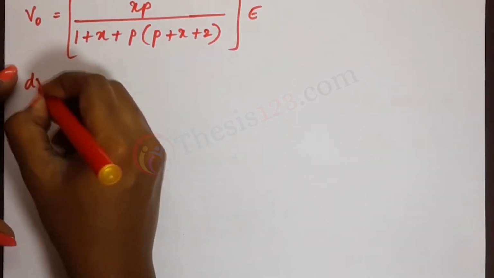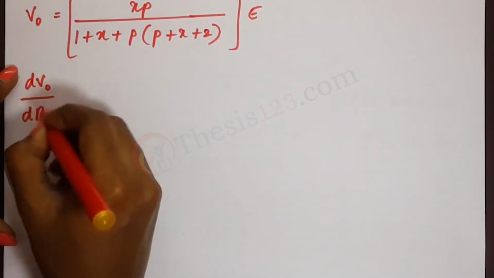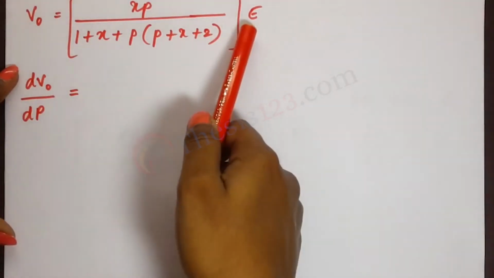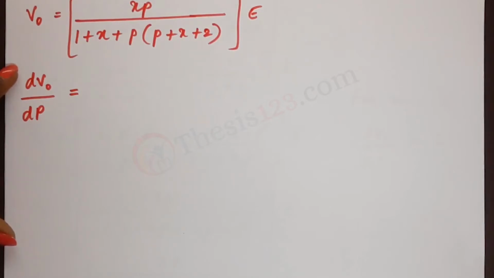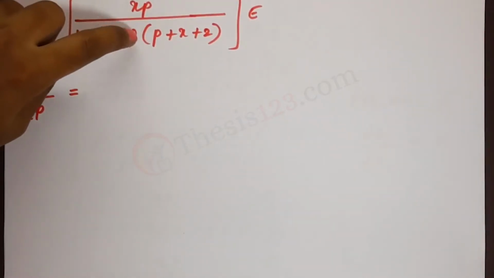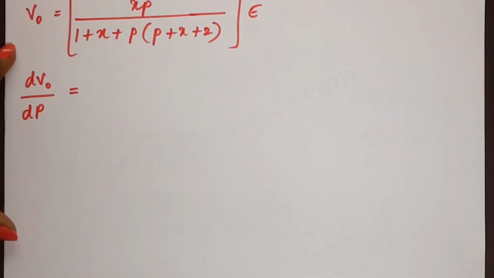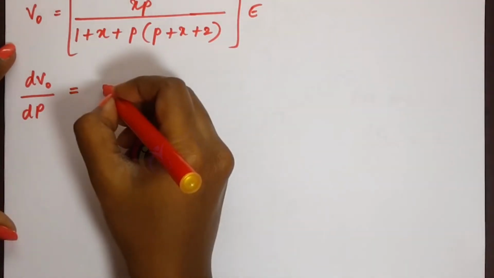Okay, so dV0 by dP with respect to P. In this case, let's assume that the value of E is unity, so it's 1. Now let's take the expression that is within the brackets alone and differentiate. Alright, so now let's apply the U by V formula here. Recall the formula.